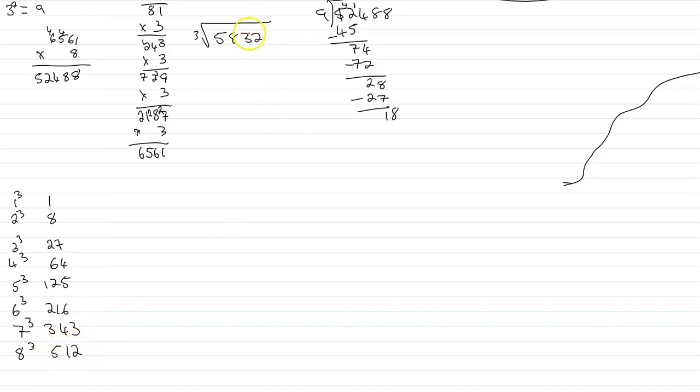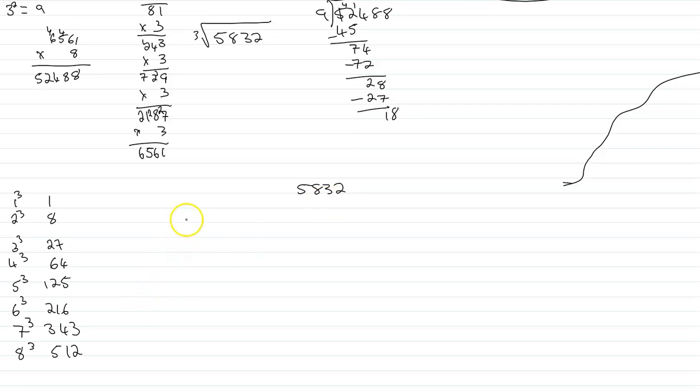We're looking for a number that ends with this number. So we have 5832, and we're looking for a number that ends with a 2, basically. Okay, so let's look for that.